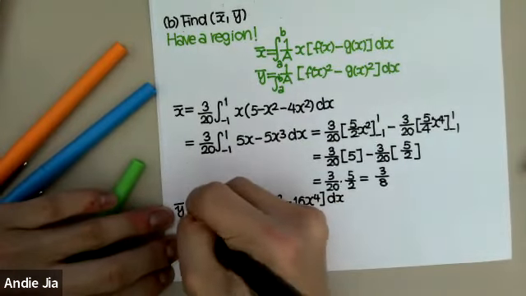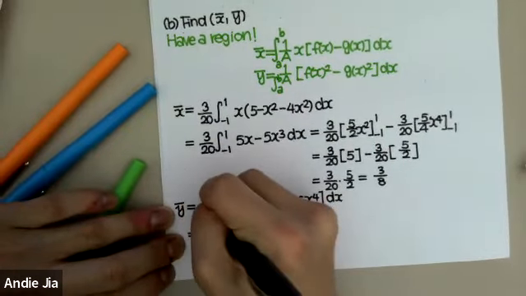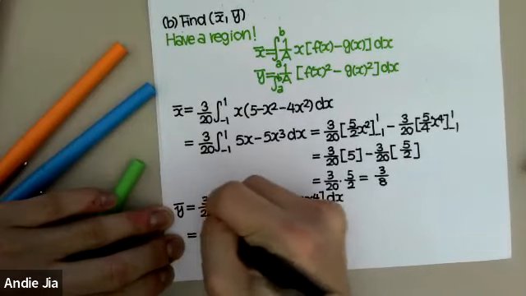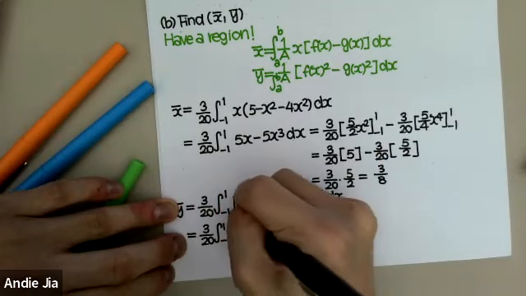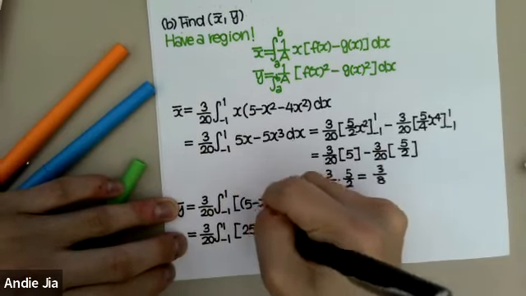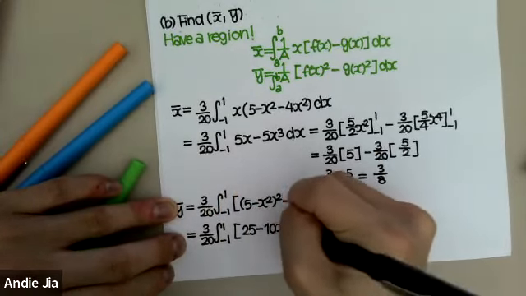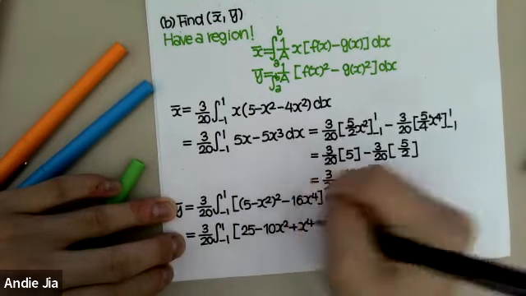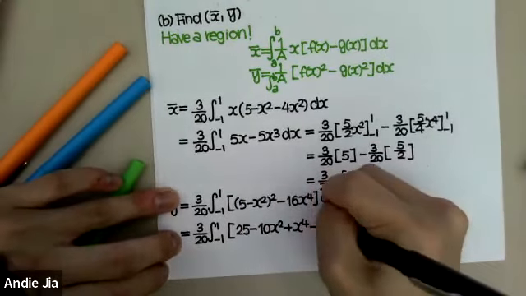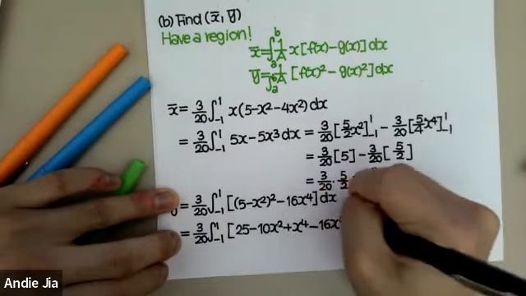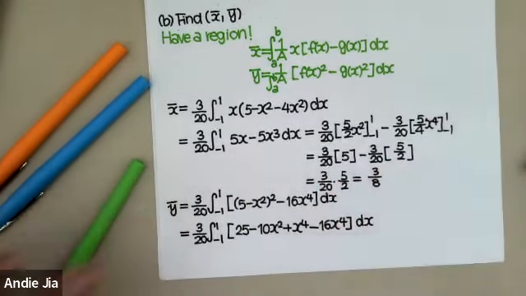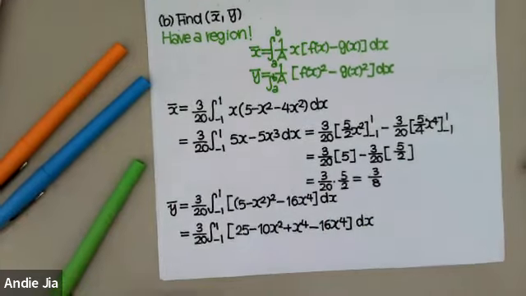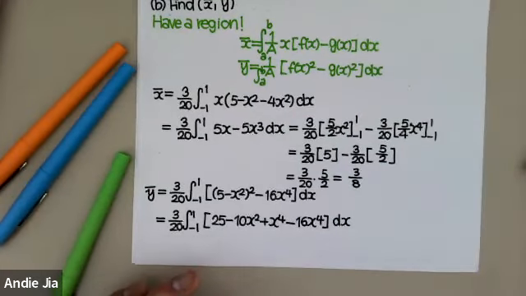So it's going to be 3/20, from -1 to 1. It'll be 25 minus 10x squared plus x to the 4th, minus 16 to the 4th, dx. We just evaluate this integral.